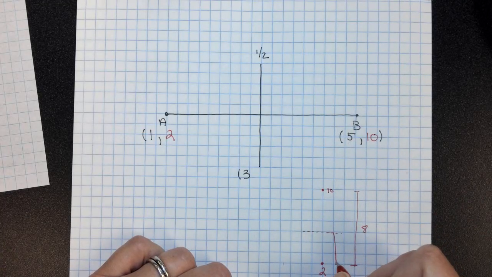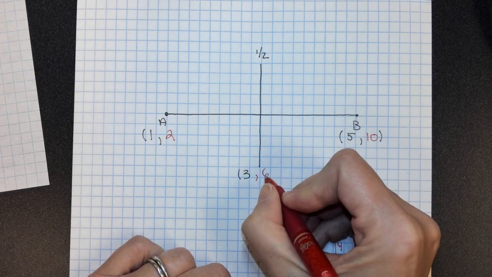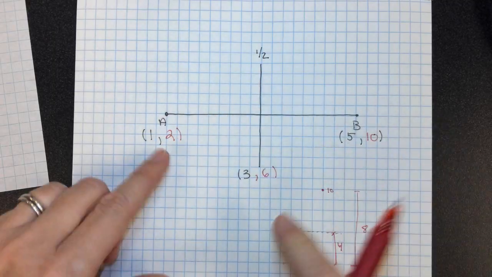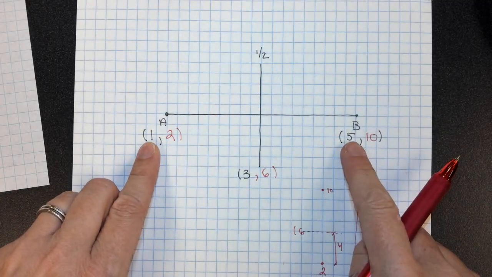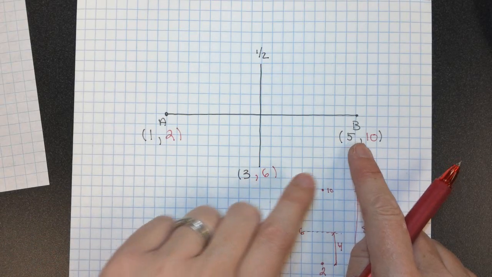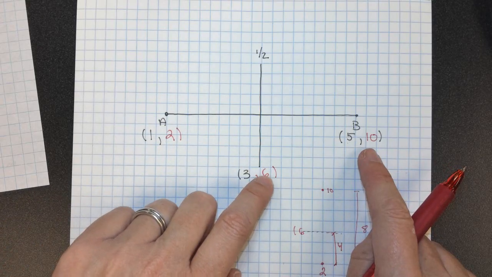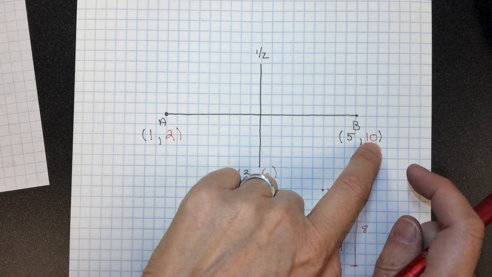Half of that means this is 4. 2 plus 4 is 6. So this piece is 6. I look at that and ask, does it make sense? 1, 3, 5. 1 plus 2 is 3, 3 plus 2 is 5. 2 plus 4 is 6, 6 plus 4 is 10.